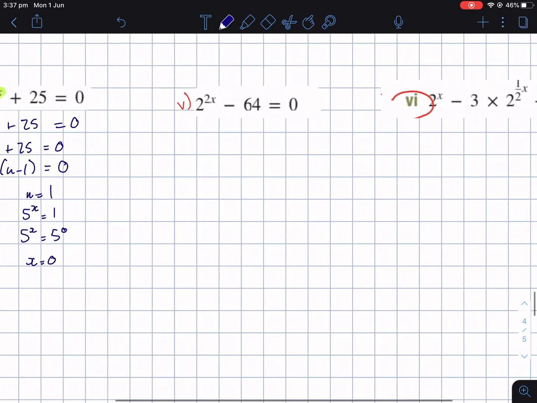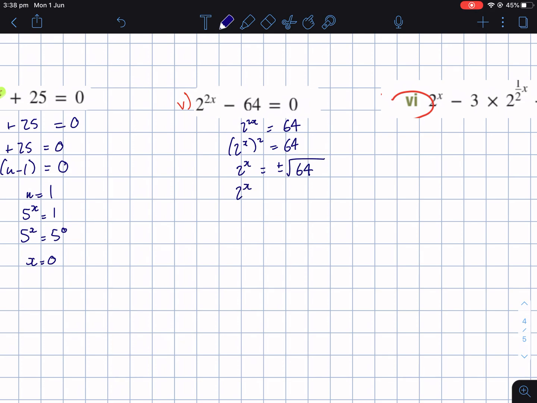Number V, easier I think. So we've got 2 to the 2x. I'm going to rearrange it and get equals 64. This one's even easier to solve than the others. We don't need to stress too much. So this is the same as 2 to the x squared equals 64. So 2 to the x equals plus minus the square root of 64.